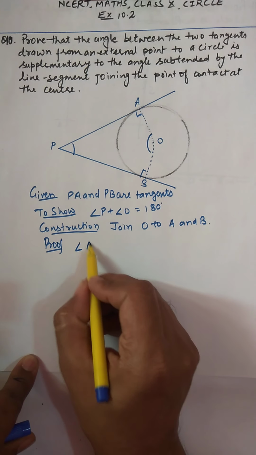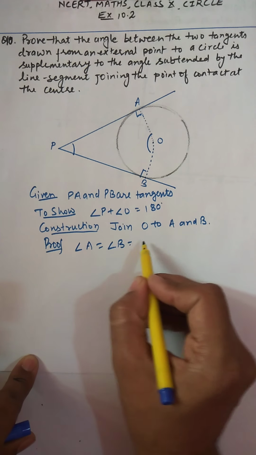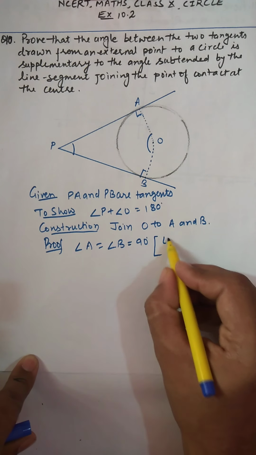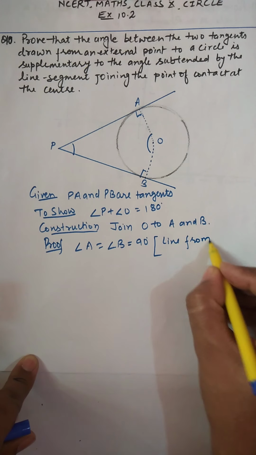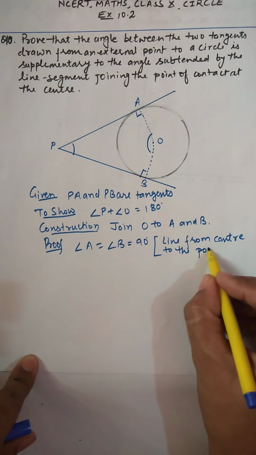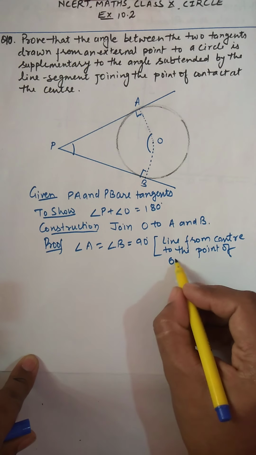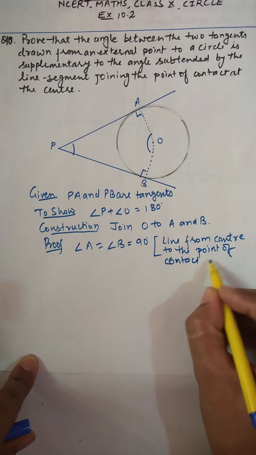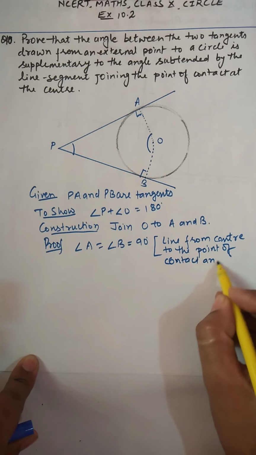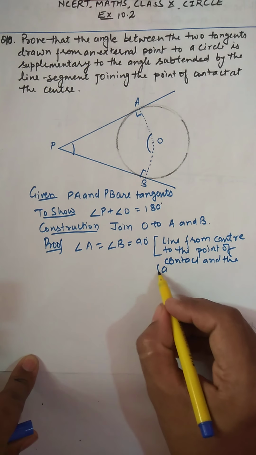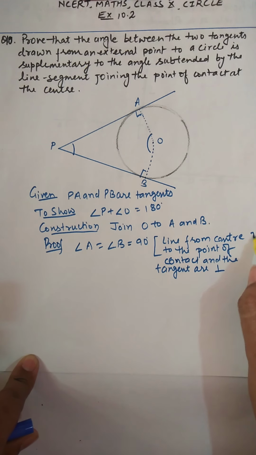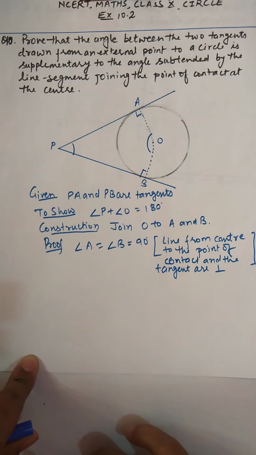So we can write angle A equal to angle B, both angles equal to 90 degrees each, and the reason we can mention here: the line from center to the point of contact and the tangent are perpendicular to each other.